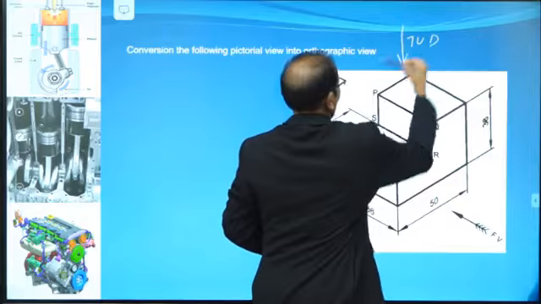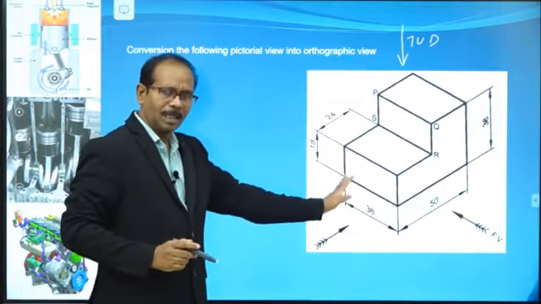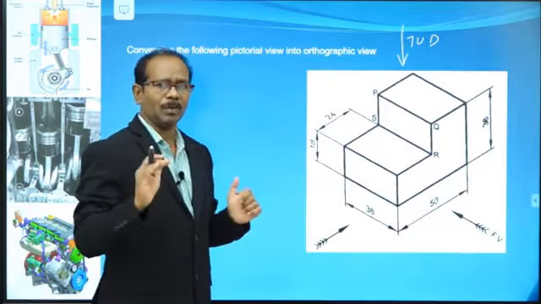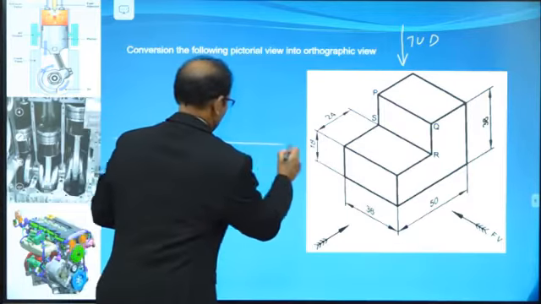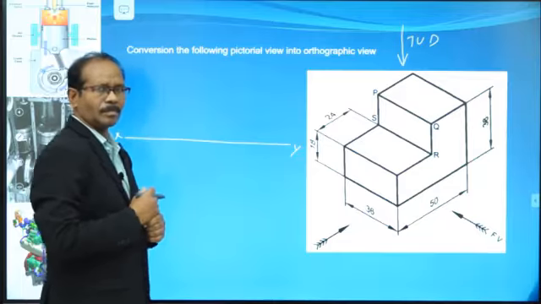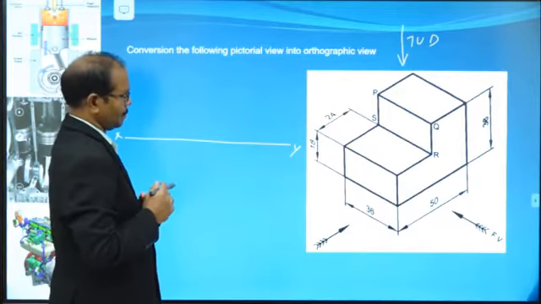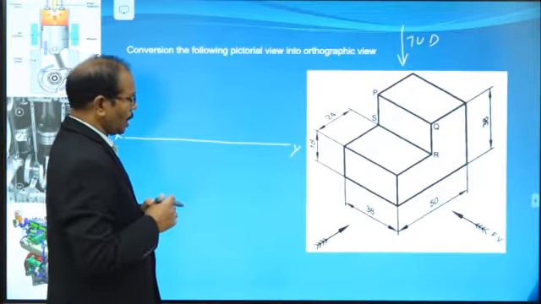The side view is not required at present. Only concentrate on the front view and top view of this object with respect to the XY line, at any height. Now start with this one.